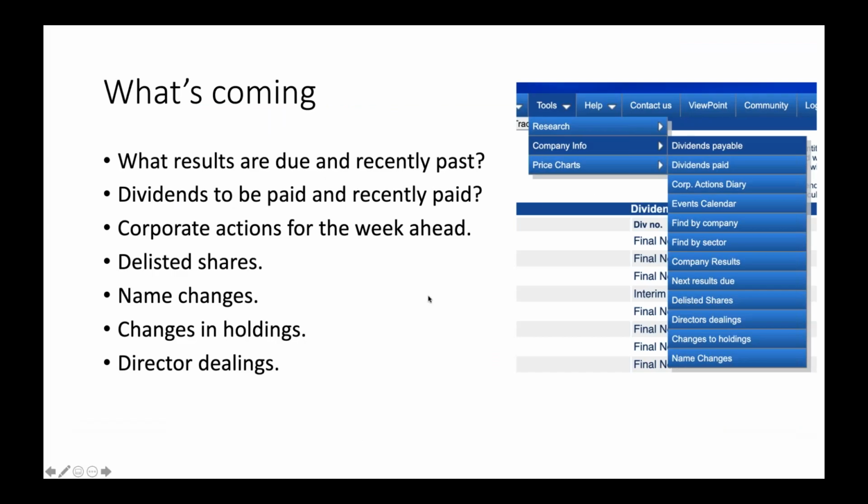Goes back to the point, and I've made this many times, that there's a ton of information on the online share trading website, and that's why we're doing these Wednesdays. And I keep on thinking to myself, I'm going to run out of things to say, and then I take a quick gander down the menu, and suddenly there's a whole bunch more that's available. The point being is, you're not going to necessarily be using all of it, and don't stress that. It's the case of if you're in trouble.